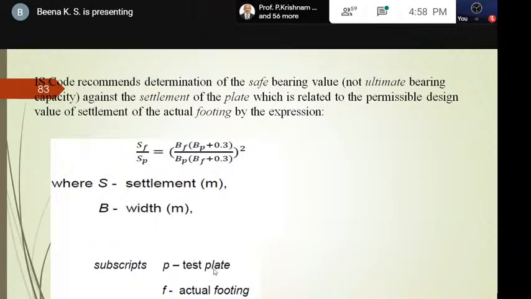P refers to the test plate and F refers to the actual footing. So the ratio of the settlement of the footing to the settlement of the plate is equal to BF into BP plus 0.3 by BP into BF plus 0.3, the whole square. That is how the effect of the plate size is taken into account.